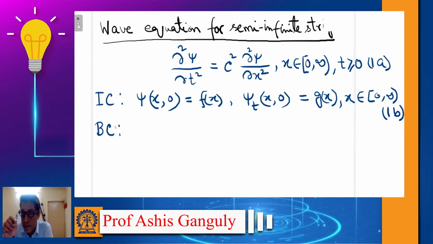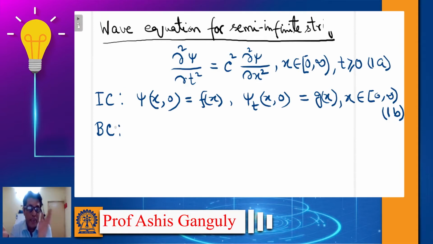For the previous case, which I discussed in the previous lecture clip, there was no boundary condition because the string was sufficiently long and free from both ends. So we were propagating both towards the left and towards the right direction, right? This time, a sufficiently long string has one end tied at x equal to 0. The other end is free.